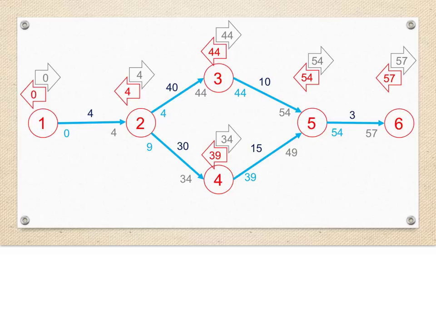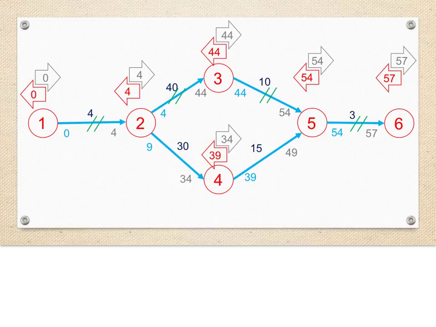So the last step in completing the arrow diagram is determining the critical path. This is the flow of tasks where there is essentially no wiggle room between the earliest start time and latest finish time of events. So we follow along where the difference between the EST and the LFT is 0.